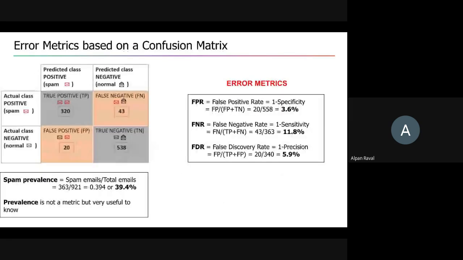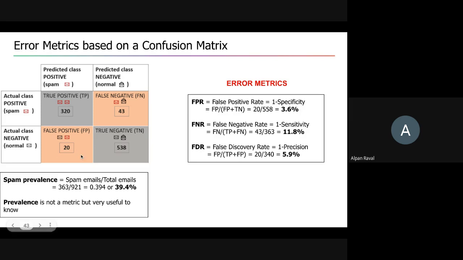So just like we had accuracy metrics, we also have error metrics, which are sort of the complements of the accuracy metrics in a sense. It's the same confusion matrix, the same numbers, but instead of accuracy metrics, we have error metrics. So we have the false positive rate, which is one minus specificity. The false positive rate is the proportion of negatives that are false positives.